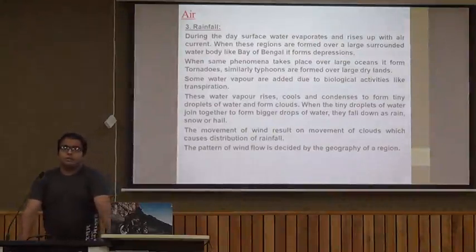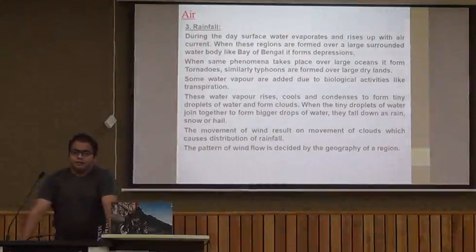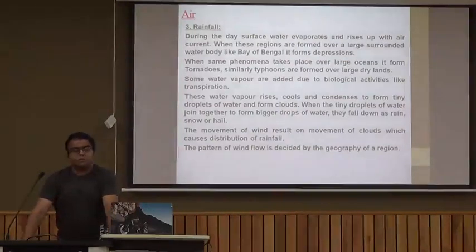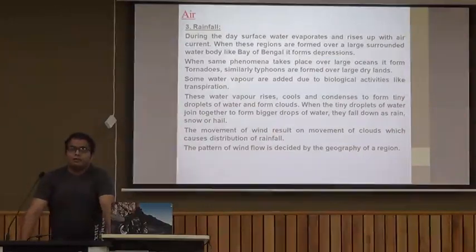Now there is one more function, that is rainfall. We all are familiar with monsoons, which are the basic force which drives the Indian economy, the agriculture itself. We are highly dependent on monsoons for our agriculture practices. But what is the reason for this? It is the wind.